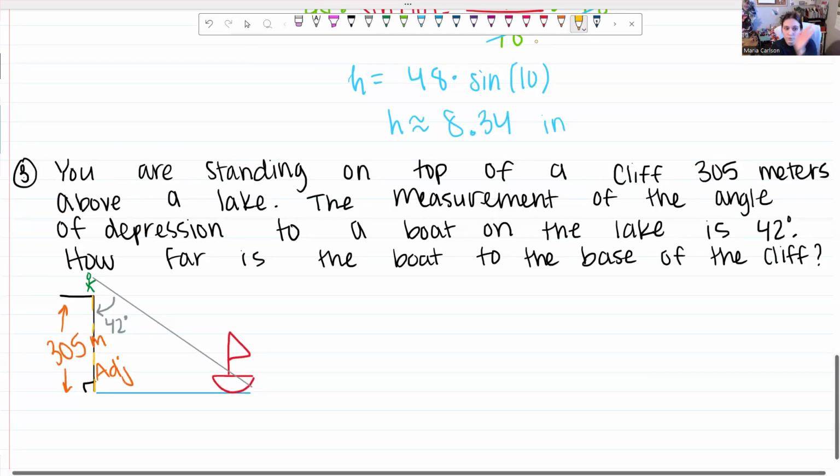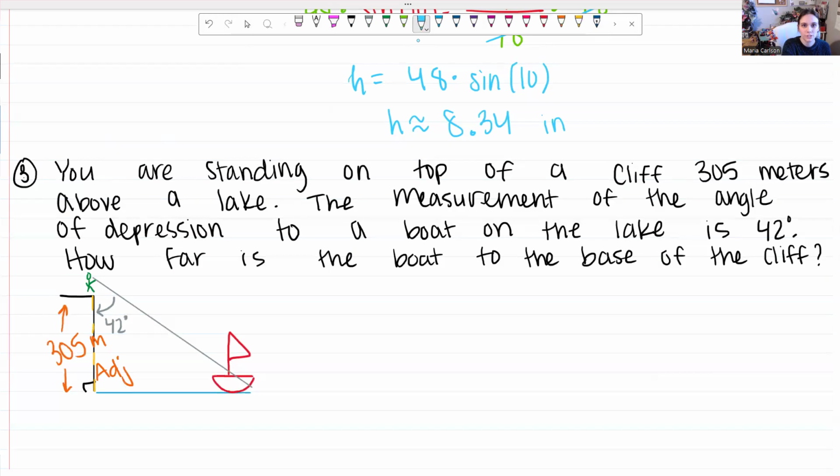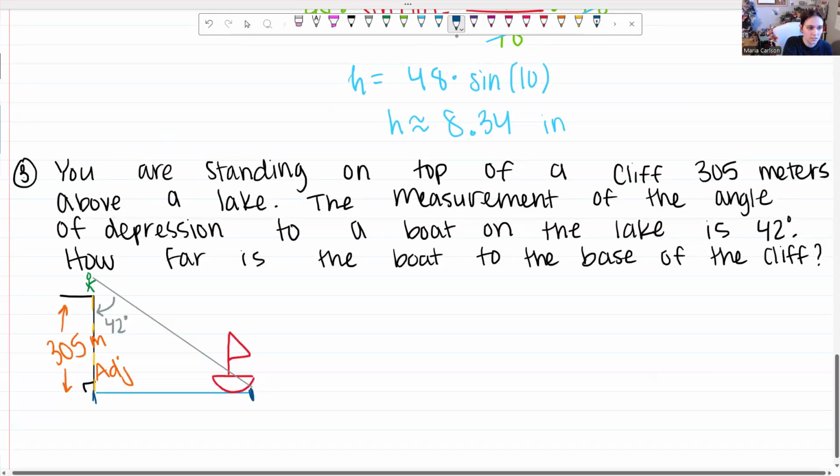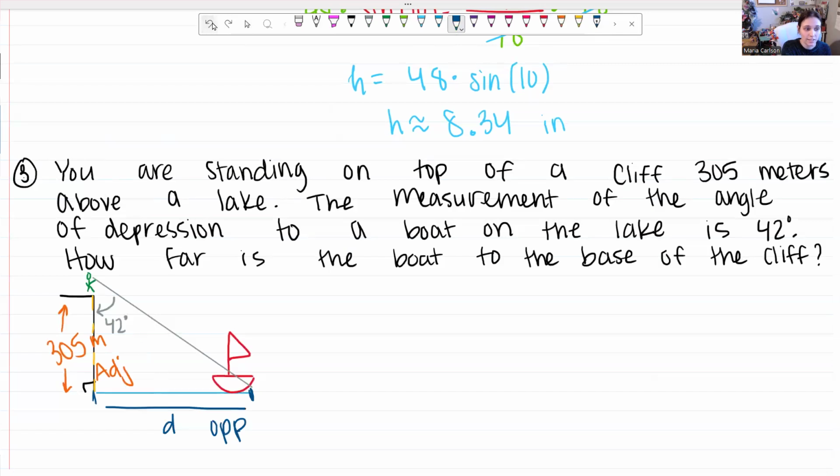The hypotenuse would be the distance from you to the boat, the diagonal distance across, and we are interested in the distance from the boat to the cliff. So we are interested in this length. We'll just call it D for distance. And this side actually is the opposite side from the 42 degrees. So we are interested in finding the opposite side.